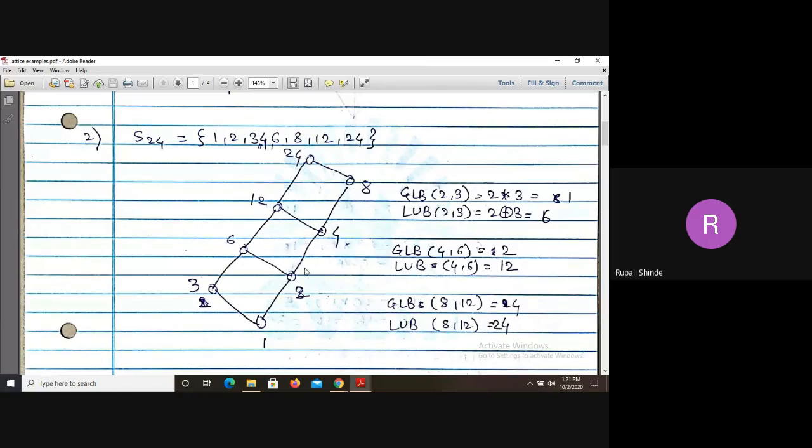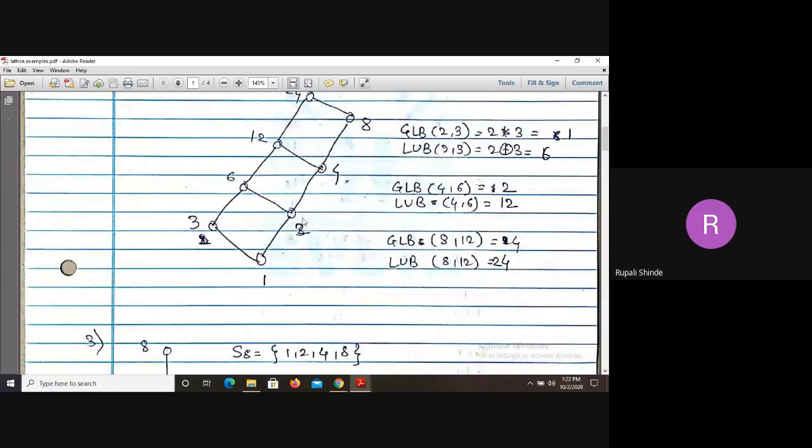Here the greatest lower bound is 2 and the least upper bound is 12. Just one more pair is there, that is 8, 12. For this pair the greatest lower bound is 4 and the least upper bound is 24. So we can say that there exists only one greatest lower bound and least upper bound. That's why this given diagram is a lattice.